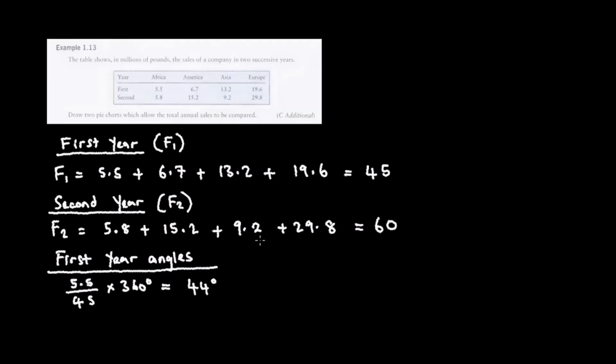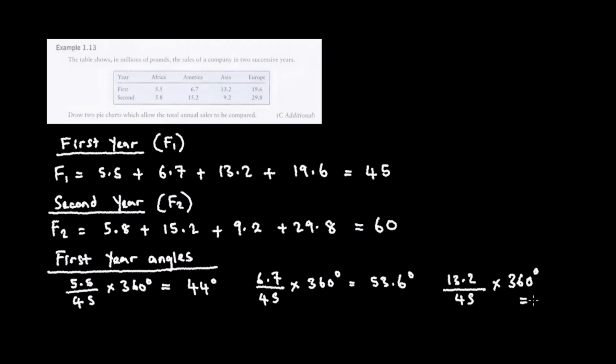Then we do the same for 6.7 over 45 times 360, and this is going to give us 53.6 degrees. We do the same for 13.2 over 45 times 360 degrees, and this is going to give us 105.6 degrees.